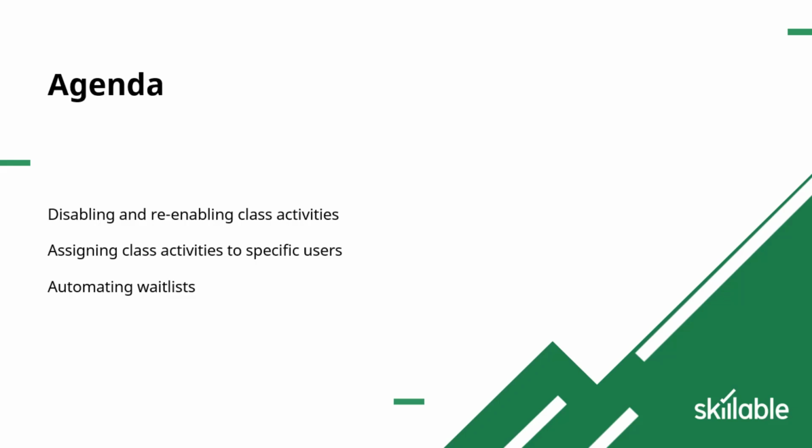We also have a newer feature that allows an instructor to assign class activities to specific users. And another newer feature allows you to have students automatically enrolled who are at a wait list or requested status. So let us see how all of this works.